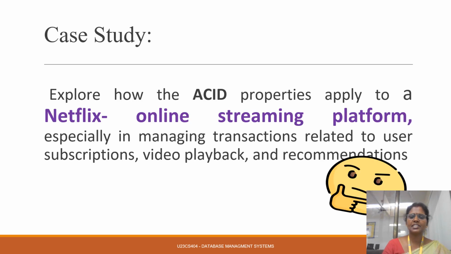Let's take a case study here. Just think about the ACID properties applied to a Netflix online streaming platform, especially managing the transactions related to user subscriptions, video playback, and recommendations. For these scenarios, how do the ACID properties work in Netflix?